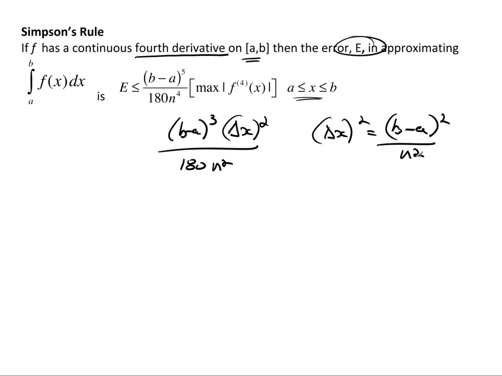Well, if I multiply that back through, I'm going to have n to the fourth down here, and I'm going to have (b minus a) to the fifth up there. So if you really like the delta x stuff, you could write this piece right here like that. I'm not sure what it gains you, but if you feel better about it, then knock yourself out.